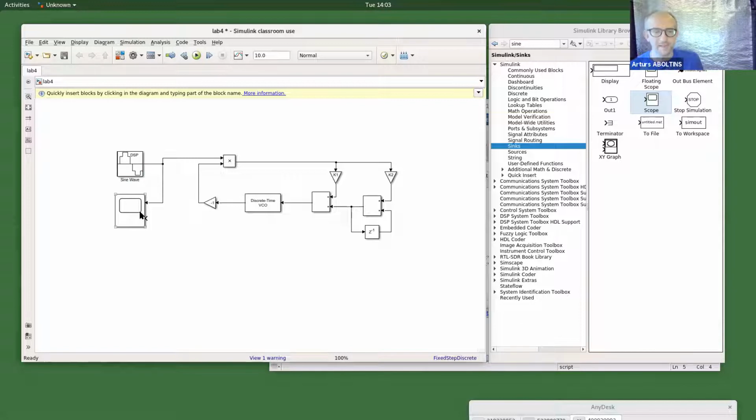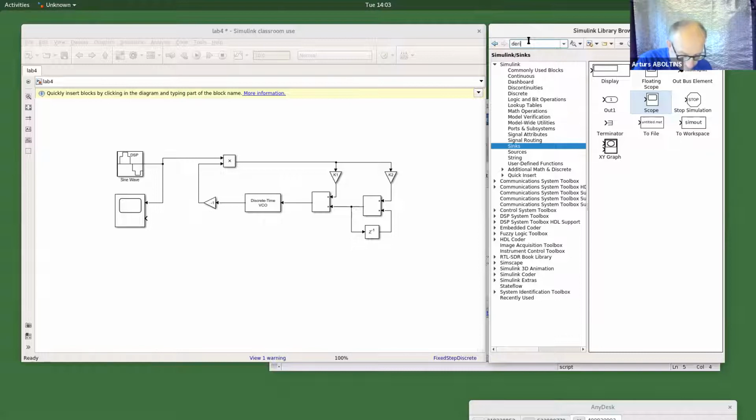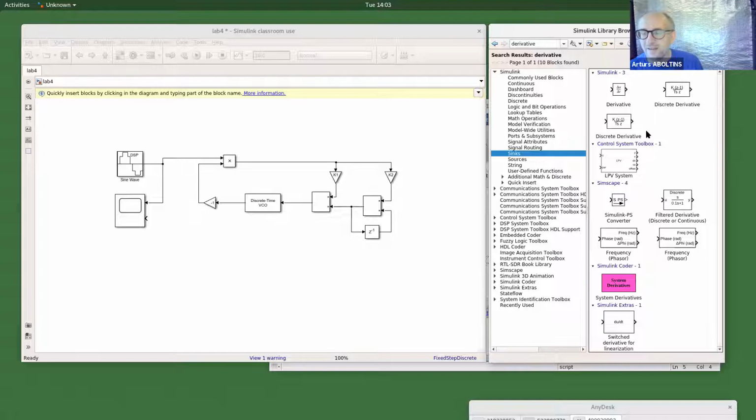The simple thing we could do here is just put a derivative, because the derivative of sinus is cosinus and the derivative of cosinus is sinus, roughly speaking. Of course we could also put some phase shifter here, but it's not necessary because it's a much more complicated device than just a derivative. Derivative is a super simple block. Just find discrete derivative.